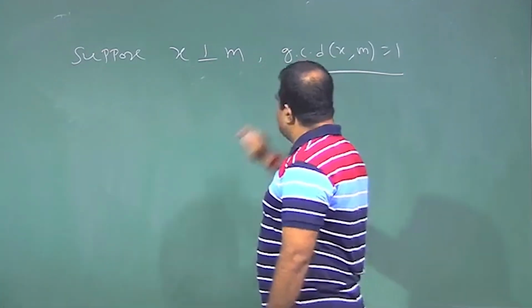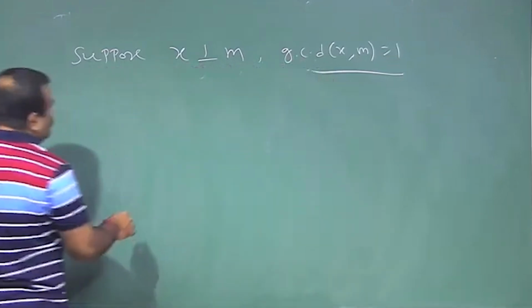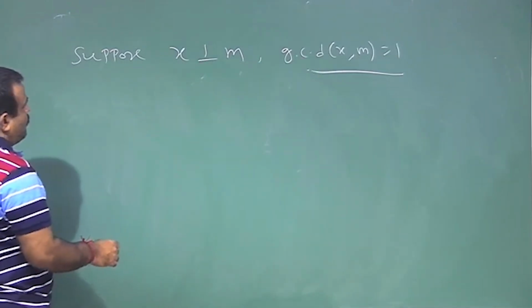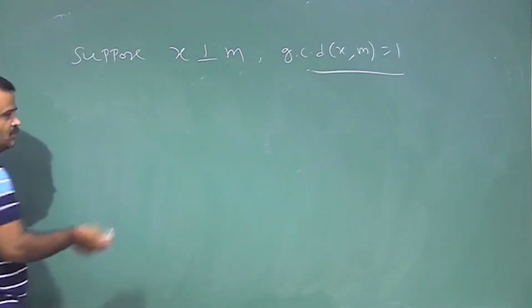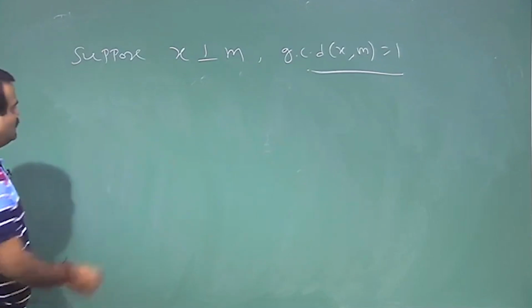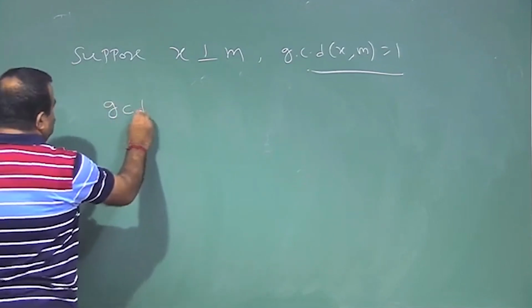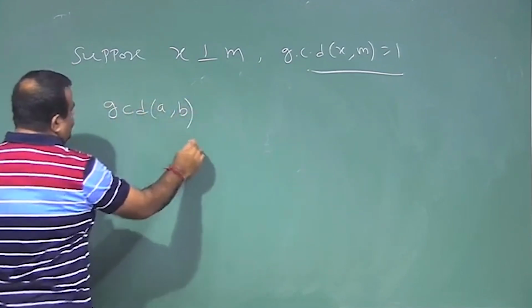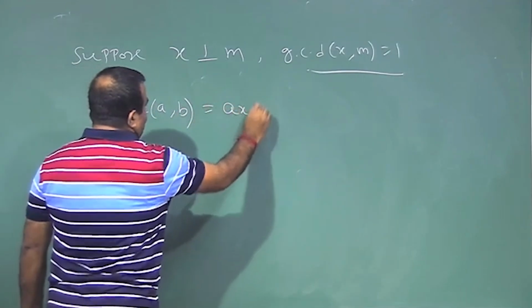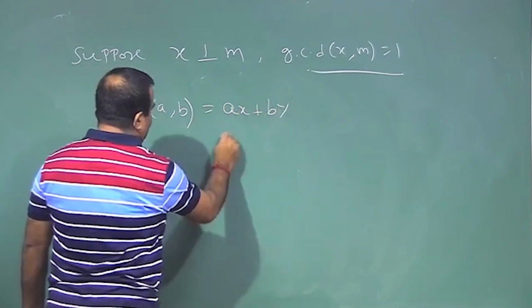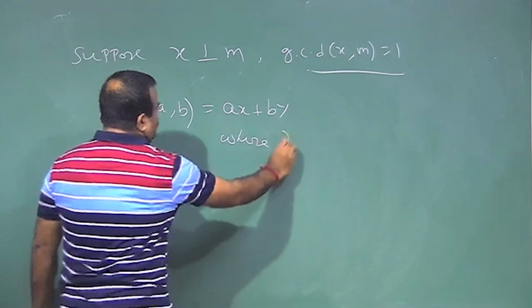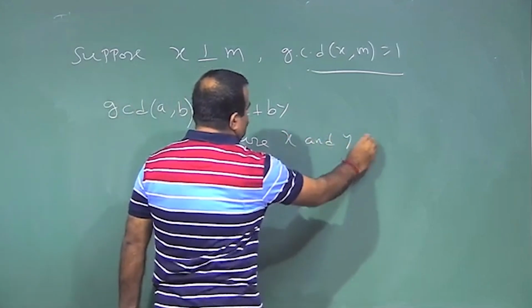For this we will use a theorem which we will prove in the next class: the GCD of any two integers a, b can be written as ax plus by, where x and y are two integers.